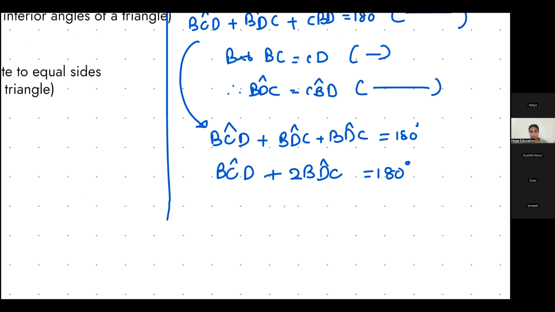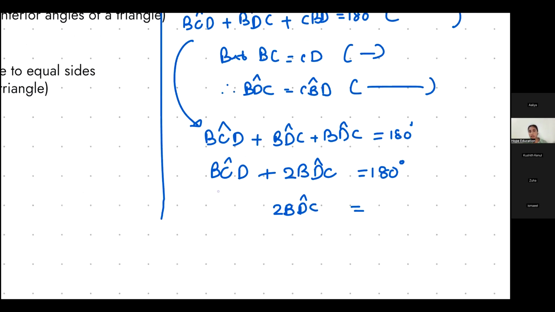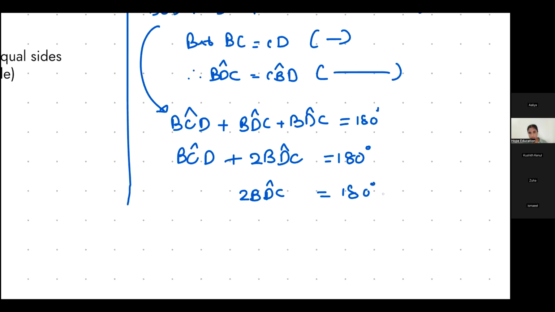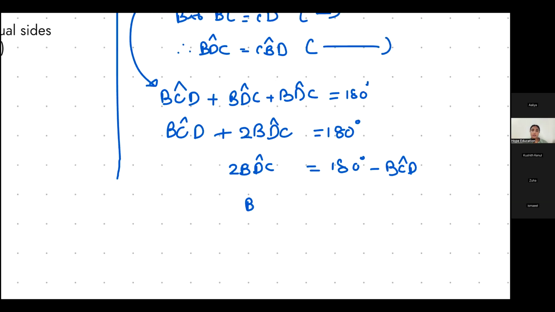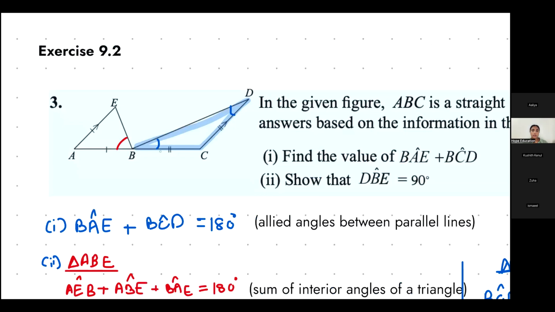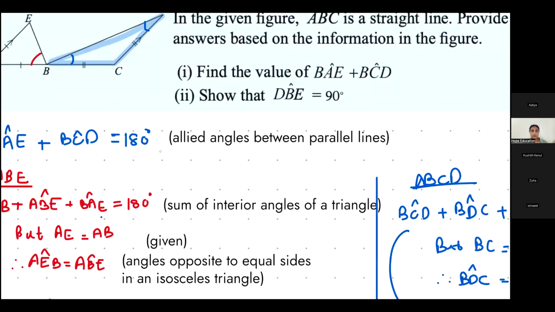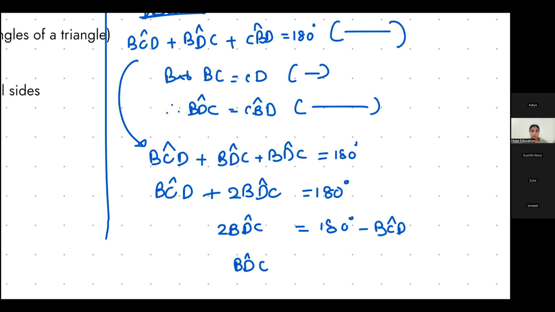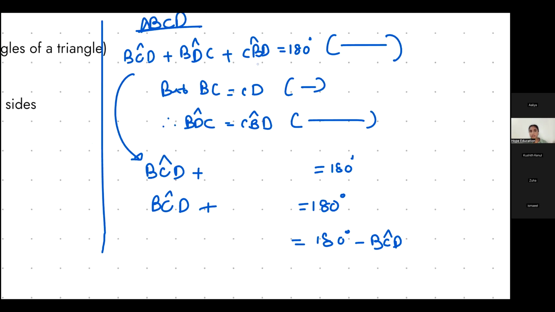Now, 2BDC, I'll keep it as it is, and BCD I take to this side. So that becomes 180 minus BCD. Then BDC, which is, wait, children, let's do something here. Here BDC equals CBD, right? So here, instead of BDC I write CBD because anyway it is equal.